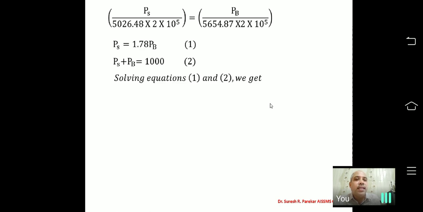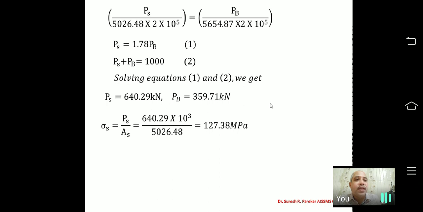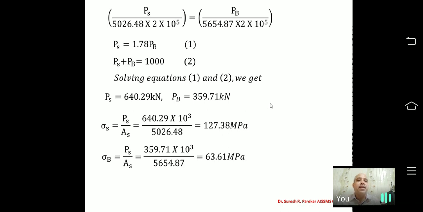If we solve these two equations, we get PS 640.29 kilonewton and brass 359.71 kilonewton. So calculate the stress in steel and the stress in brass. Sigma B is PB upon AB, and we will get 63.61 MPa.